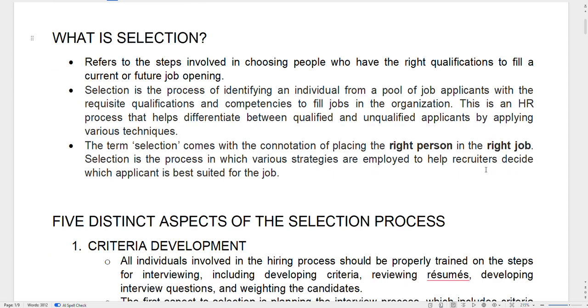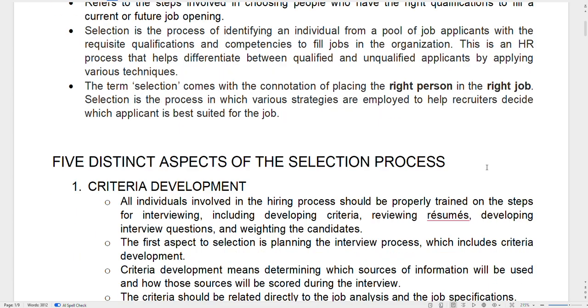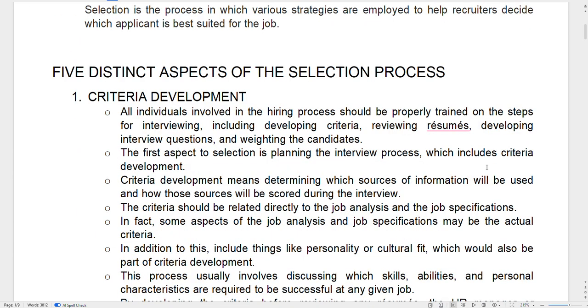Now, there are 5 distinct aspects of the selection process, and you should be familiar with it as HR students, or even other courses. So the first one is criteria development. In selection, guys, it is a must to develop criteria. We cannot select the most qualified or fit applicants if we don't have any criteria.